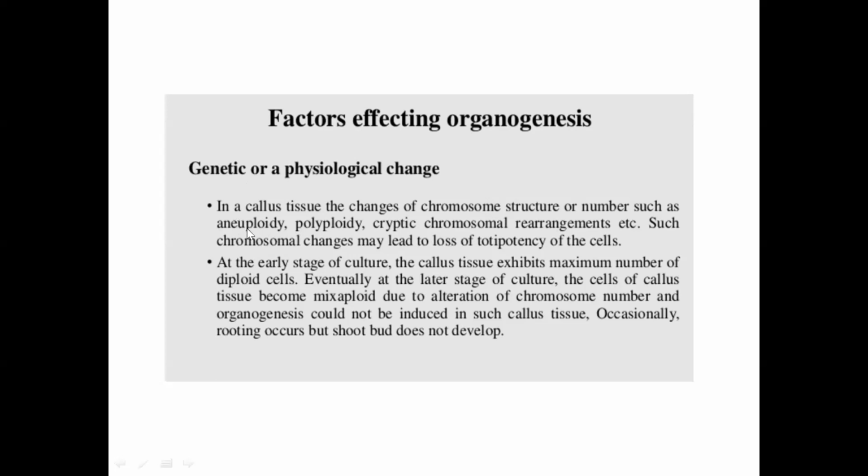Aneuploidy is loss of one chromosome, polyploidy is multiple copies of chromosomes. All these changes might lead to loss of totipotency. Sometimes it might start okay, but then suddenly in the middle it might fail to grow. In that case, the whole thing might be a failure.